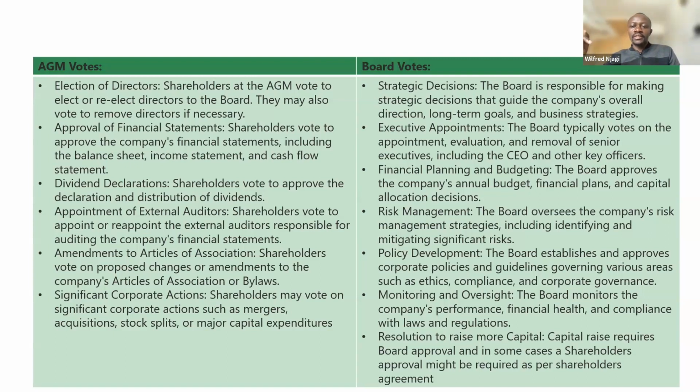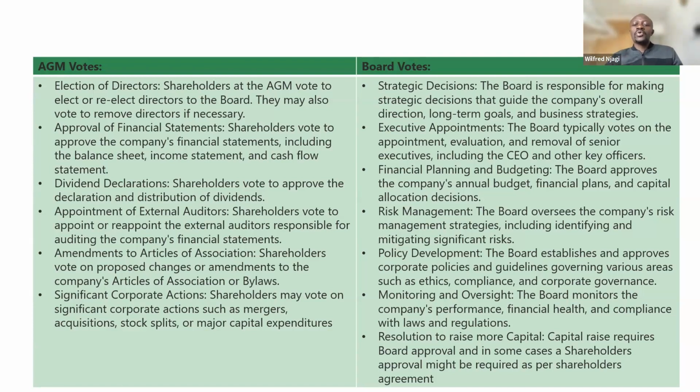Risk management, again, the board can, by exercising the oversight duty, oversee the company's risk mitigation strategies and point out the major risks in the company. Policy development, again, the board can, especially if you have the subcommittees. Let's say you have the subcommittees we spoke about earlier, like a remuneration subcommittee.